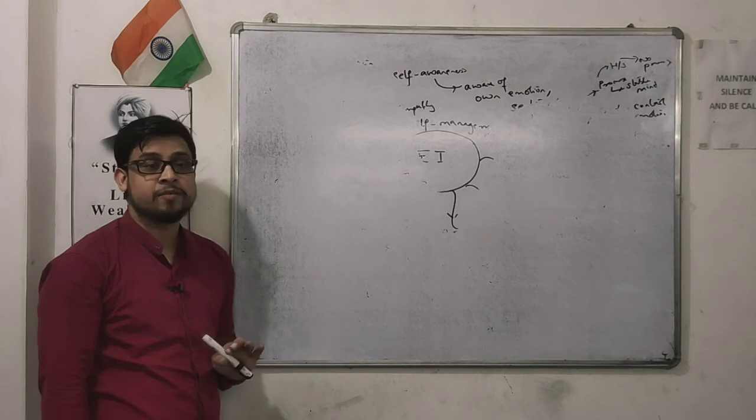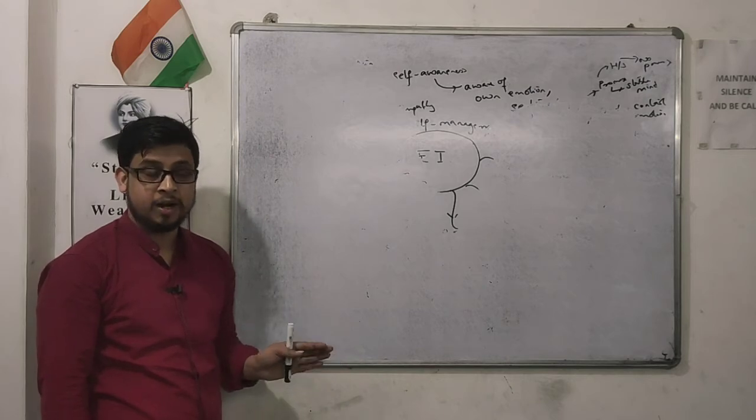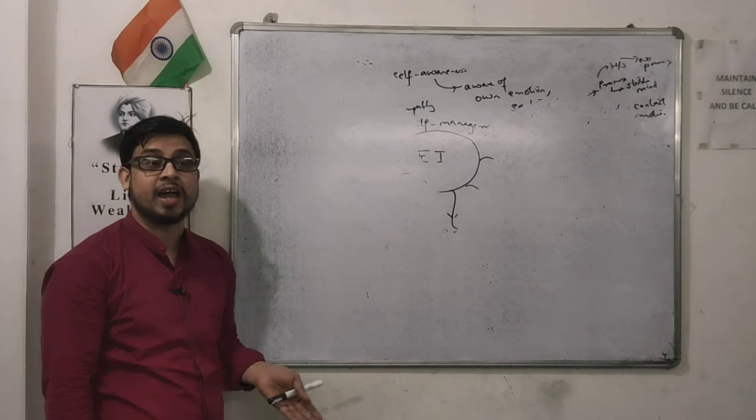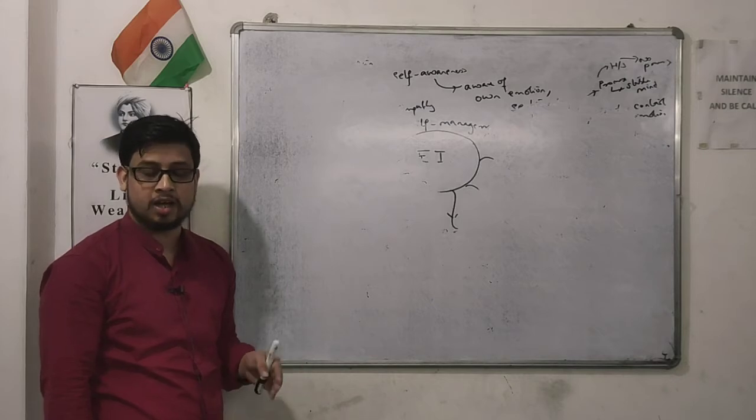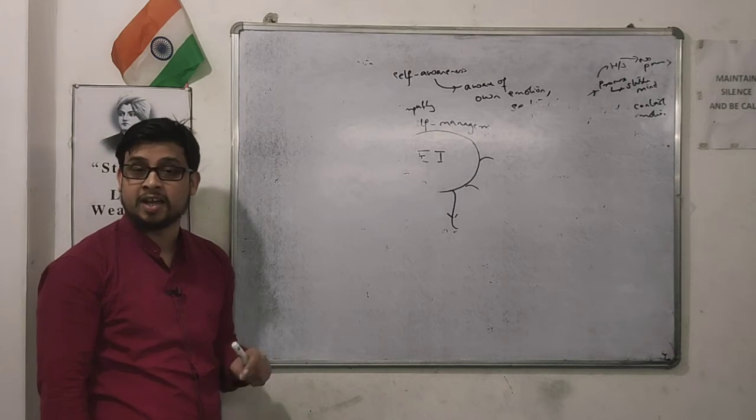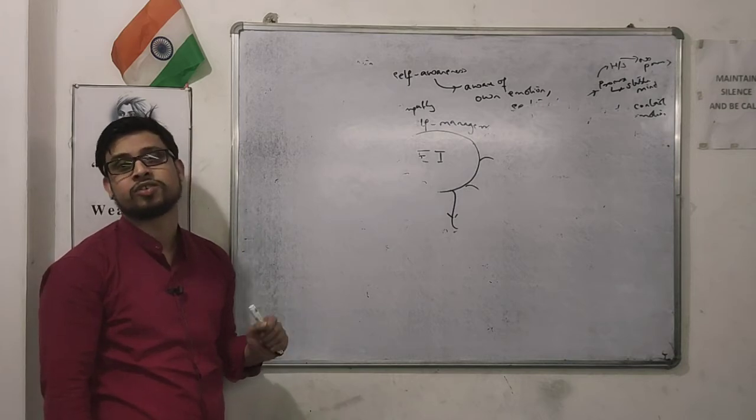So becoming angry is a very simple thing, but to think about the angriness and other essential elements of angriness is a difficult task, and he is actually referring to emotional intelligence.